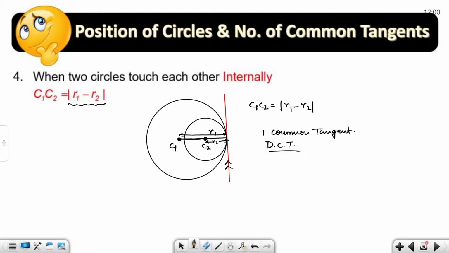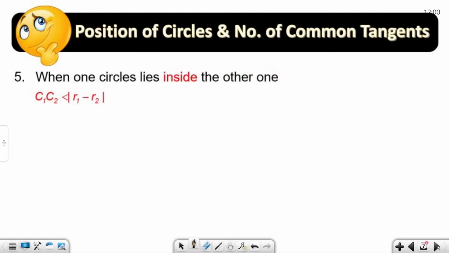So there is one common tangent when the two circles touch each other internally, and the condition is that the distance between their centers is always equal to the difference between their radii. Right?